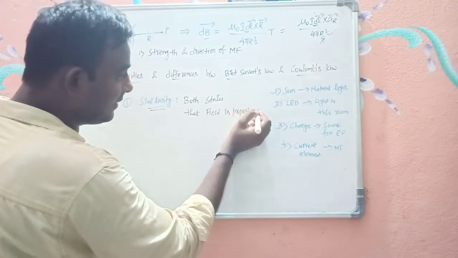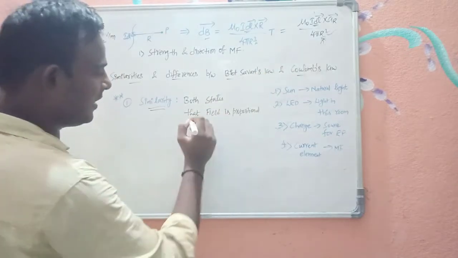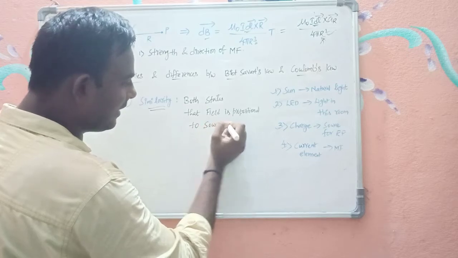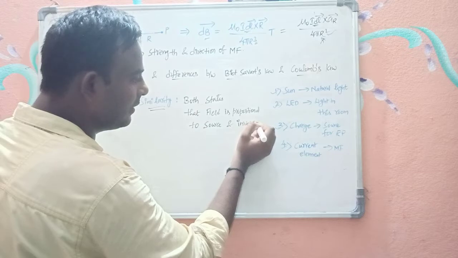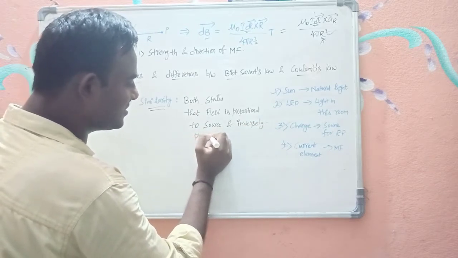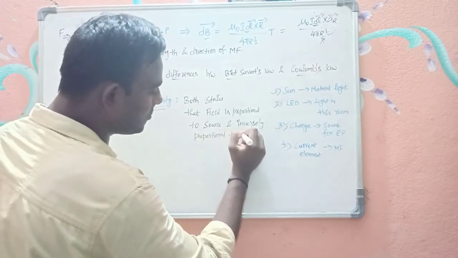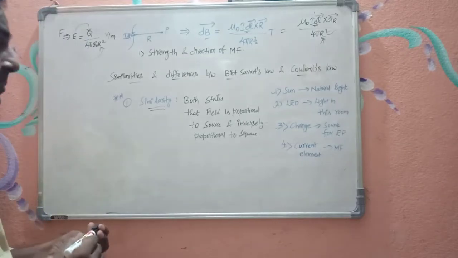In electric field the source is charge, in magnetic field the source is the current element. So the field is proportional to the source and inversely proportional to the square of the distance between them. This is the major similarity.